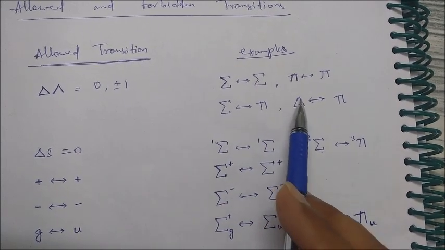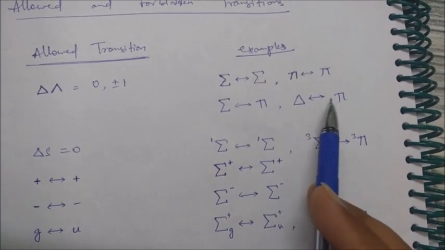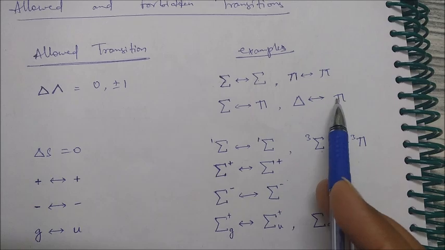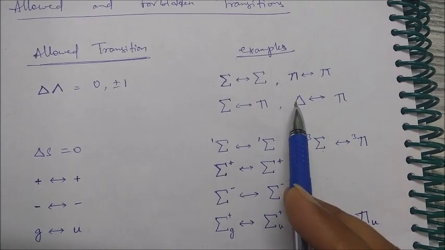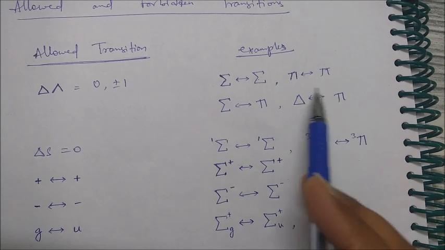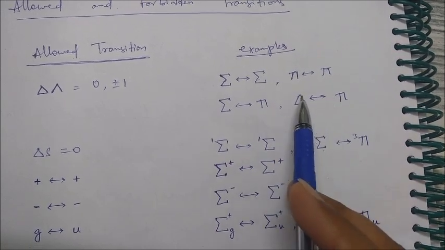Or for delta the value of L is 2, and for pi the value of L is 1, so moving from delta to pi is a change of 2 minus 1, that is a change of 1 only, so that is also allowed.